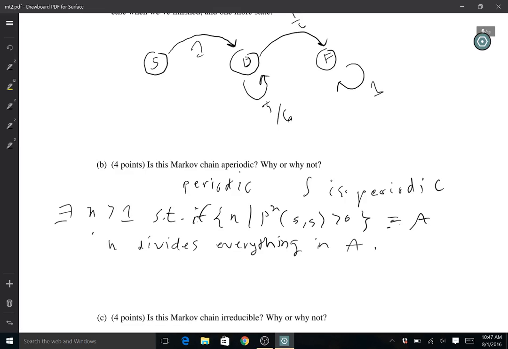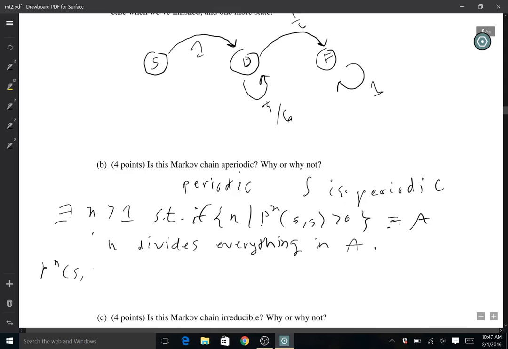What does P^n of SS mean? It's the set of n such that you start at S and then return to S in n time steps.